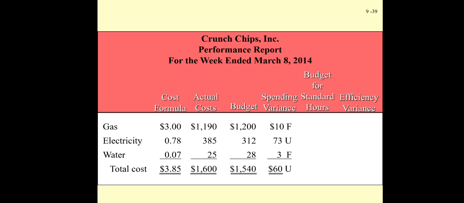The first 5 columns here are coming from the previous slide, and then you can see there are 2 additional columns. The first additional column is budget for standard hours, and then the efficiency variance.